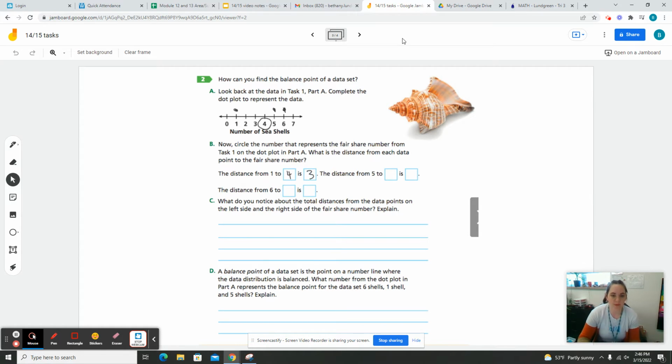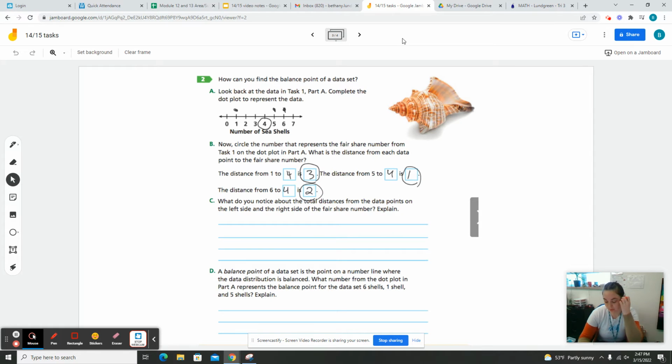The distance from 5 to 4 is 1. And then the distance from 6 to 4 is 2. Okay, so each of these is our distance. We have 3, 1, and 2 as our distance.